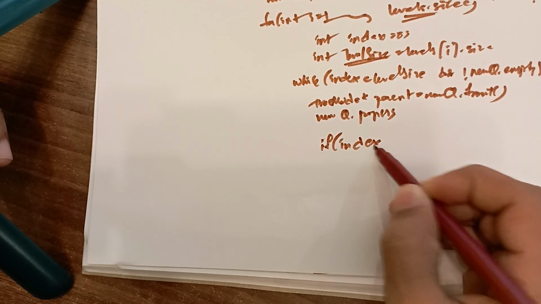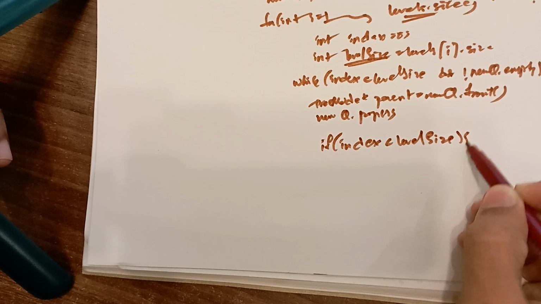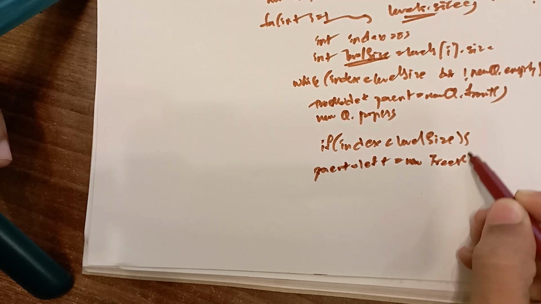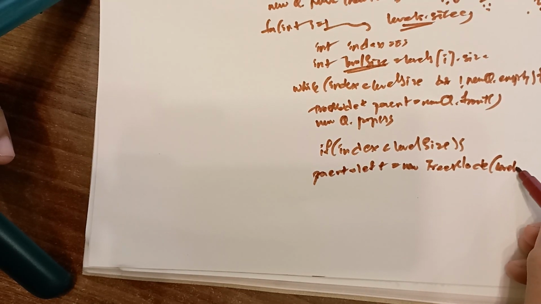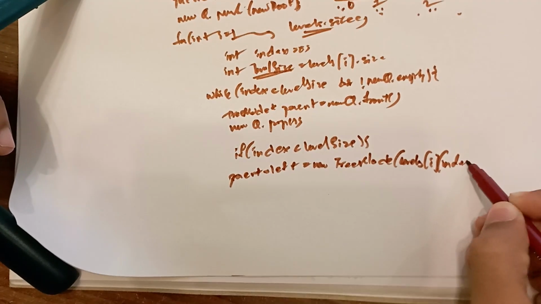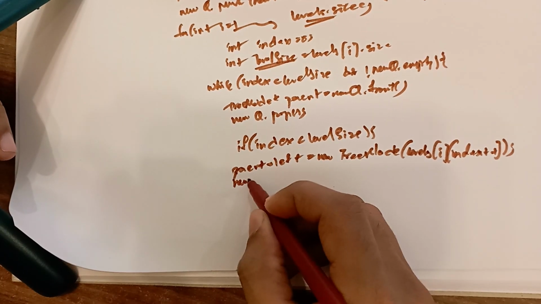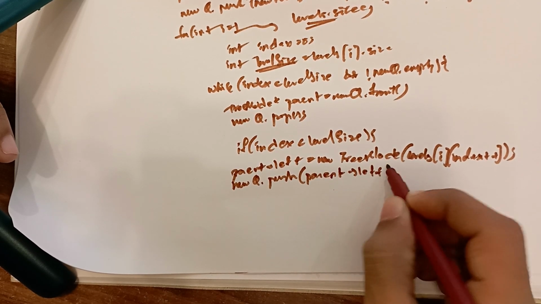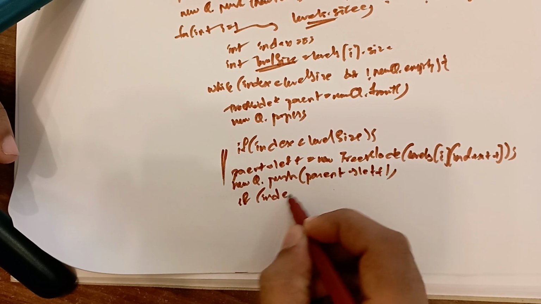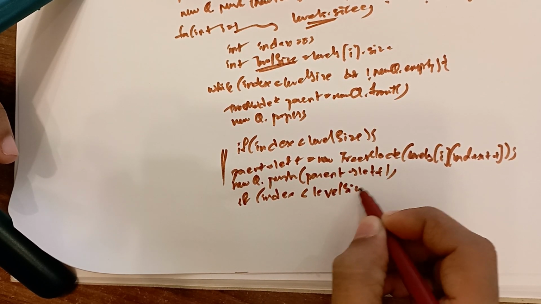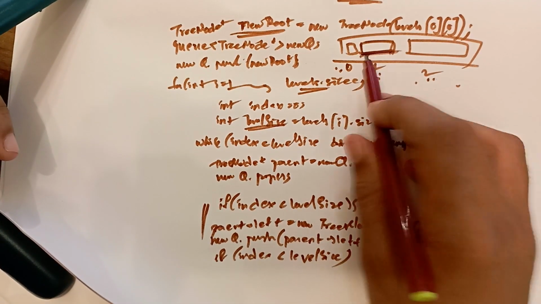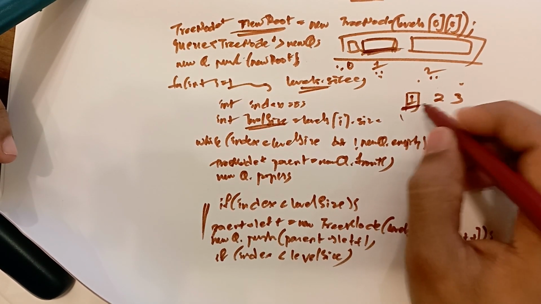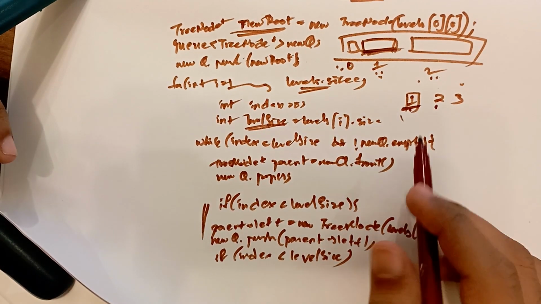If the index is less than level size, then parent left is equal to new TreeNode of levels[i][index++], and push our new node parent left into the queue. Do the same for the right.